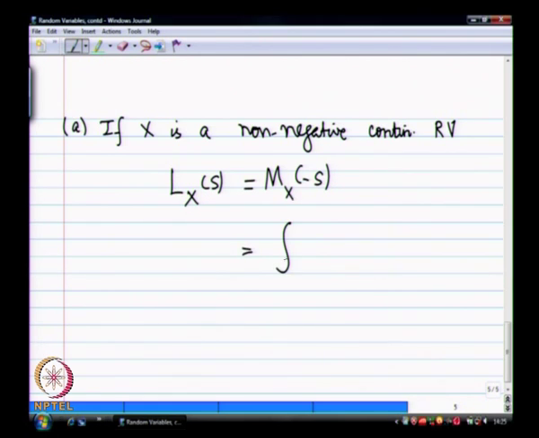And because it is continuous, I am going to be using my integral. x is non-negative, so technically this can be 0. So 0 to infinity is defined as your Laplace transform of this particular random variable. And why is this useful? It can help us easily determine your mean and variance, right, without having to go through this. If you use the function f of x directly, it is sometimes harder to get to the mean and variance, but using this you can sometimes get the mean and variance quite easily. Okay. So that is your Laplace transform.